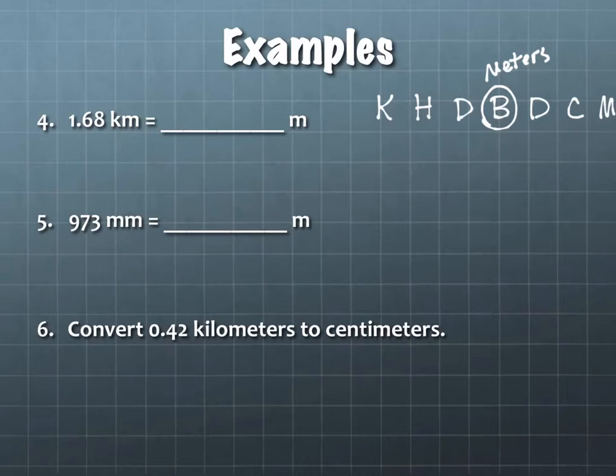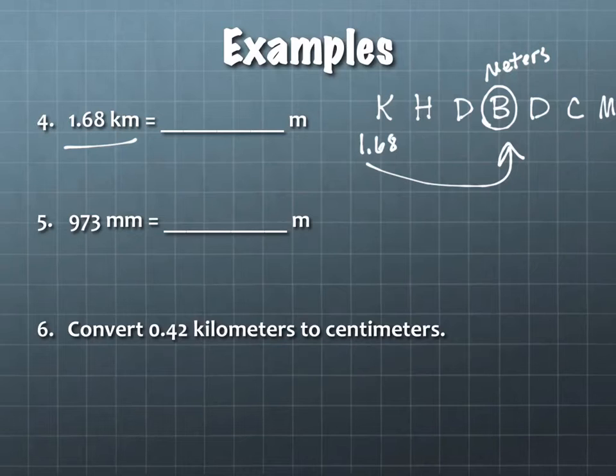All right, so we're going to count how far we're moving. We're starting with 1.68 kilometers, and we want to turn it into meters, so I want to get back to the base unit. How many places would I have to move to the right to do that? Remember, you don't count where you are, you count the move. 3. Meters is in the middle; millimeters would be 6.